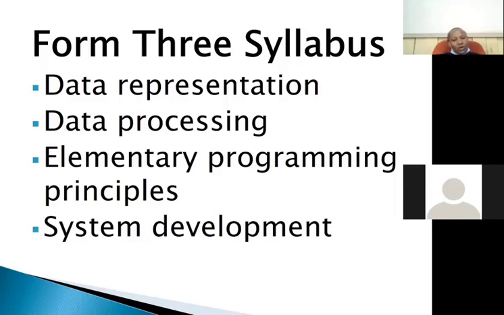Calculations are also major in this area, whereby you are expected as a candidate to be able to do binary arithmetic, that is binary subtraction using the direct method. You should also be able to do the binary addition using the direct method.